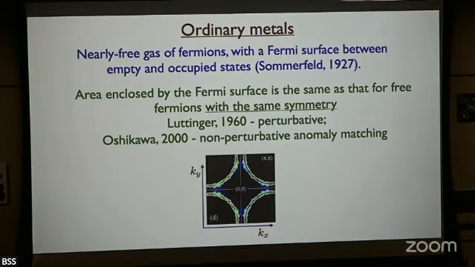So that's the anomaly matching argument. And if you assume that the low energy theory is just the Fermi surface, well, then you get Luttinger's theorem. But there can be other fancy things in the low energy limit, which have their own anomaly. And that's the tool we're going to use to find exotic metallic states, which I'm going to argue are also relevant for the cuprates.